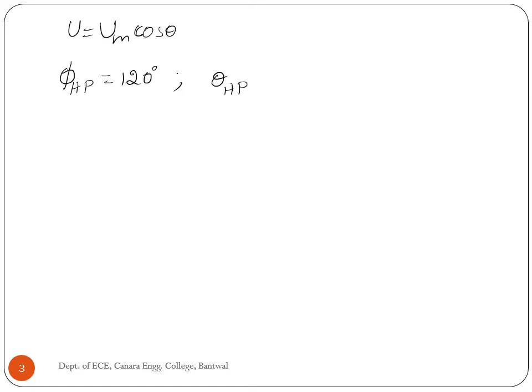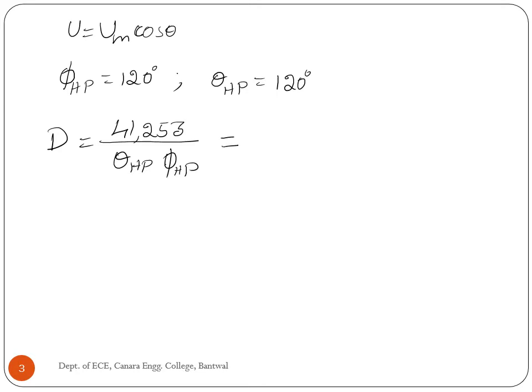We got theta HP as 120 degrees. Therefore approximate directivity is equal to 41,253 divided by theta HP and phi HP, which after substitution gives 2.87.